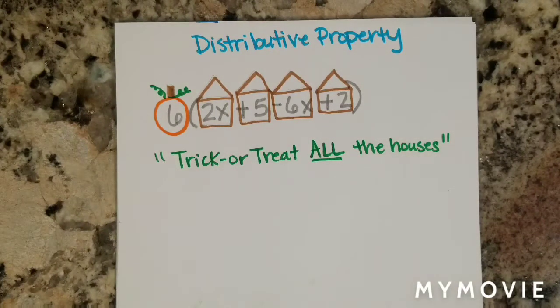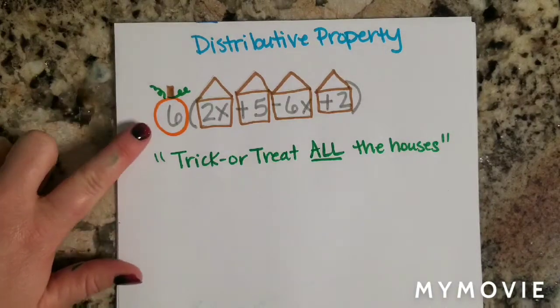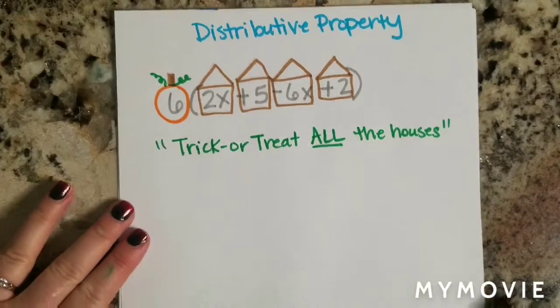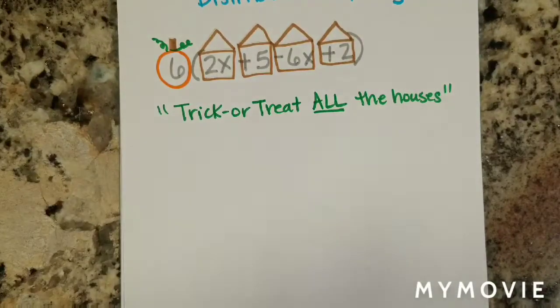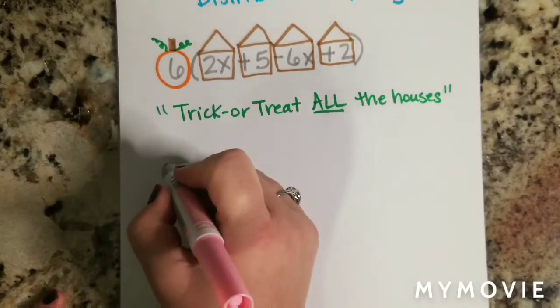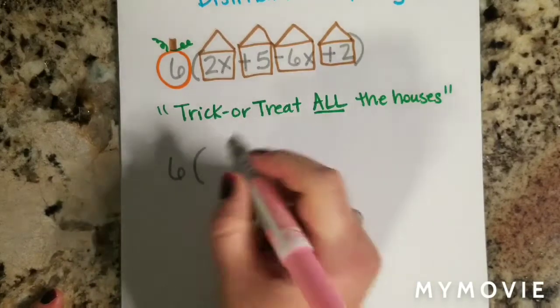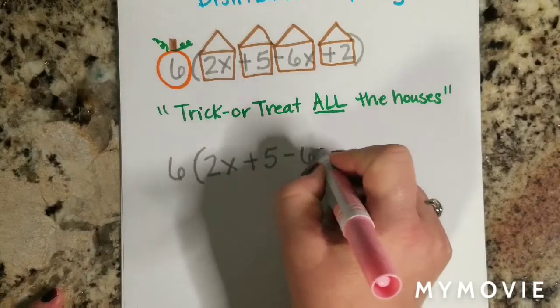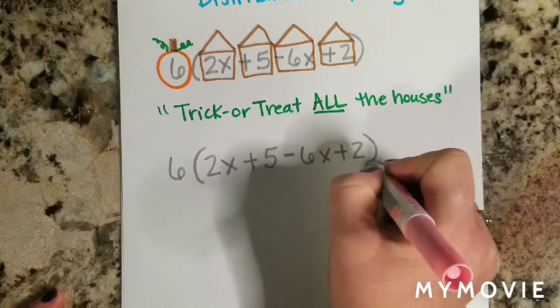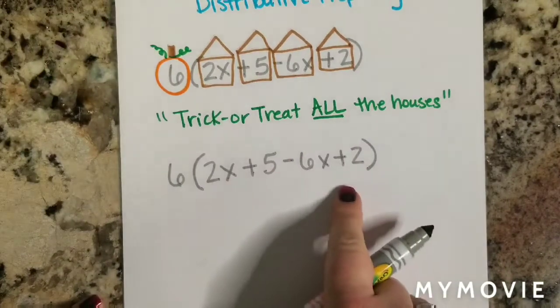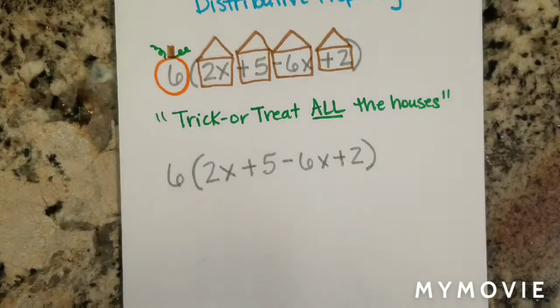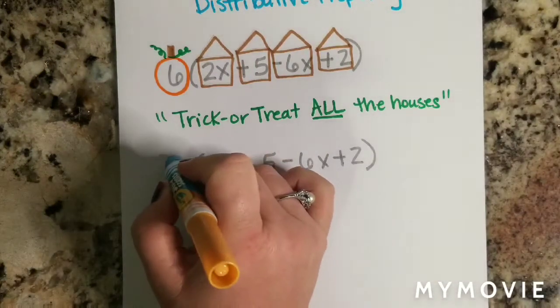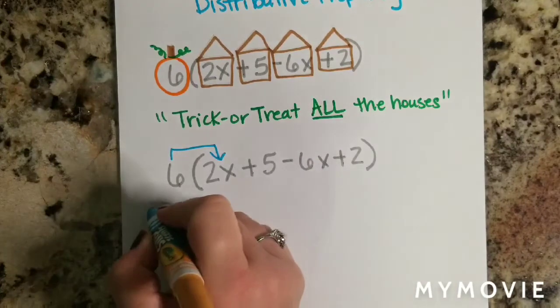So let's rewrite that again. And I'm just going to write the same thing and leave all the costumes and houses off so we can look at it again. So we're going to trick or treat all the houses. So we said 6 times the group 2x plus 5 minus 6x plus 2. 6 times this group. So when we trick or treat all the houses, we're going to say 6 times 2x.